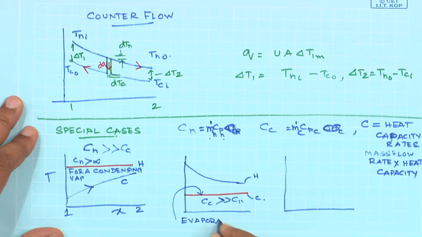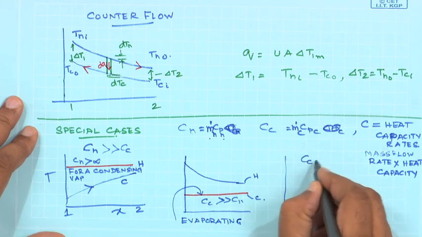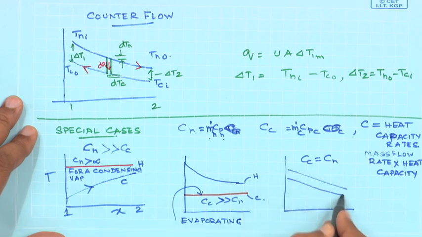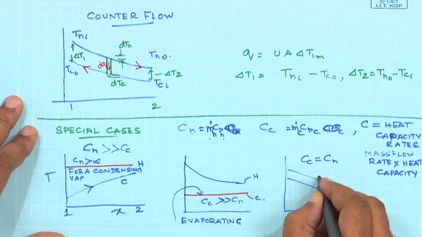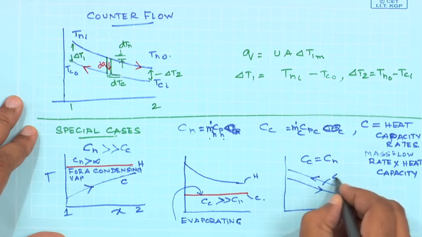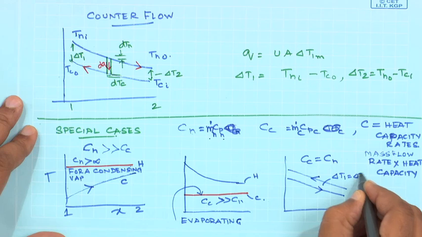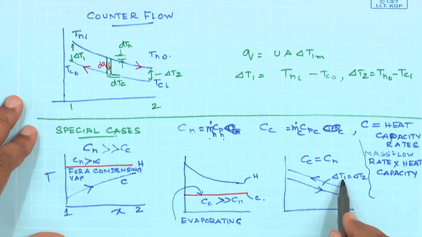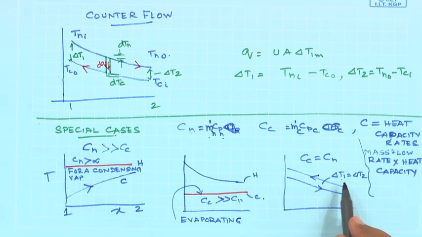For an evaporating liquid, as long as it is evaporating, its temperature is going to remain constant, and this is how it would look like. And for this special case where C C is equal to C H, both these lines, in parallel flow and counter flow, you would see that delta T 1 is equal to delta T 2. Therefore, everywhere in the flow path between the hot and the cold fluid, the delta T will remain constant.